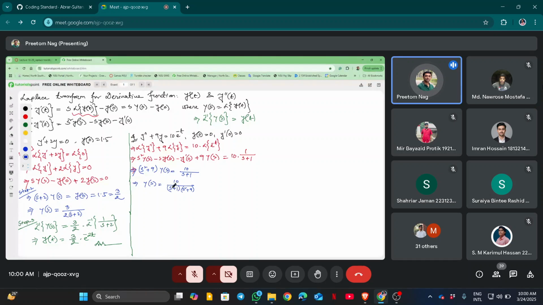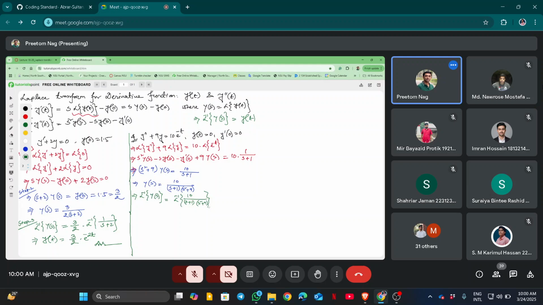Now we need to calculate the L inverse of Y(s), which is L inverse of 10 by s plus 1 into s squared plus 9.